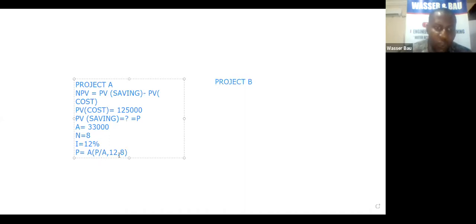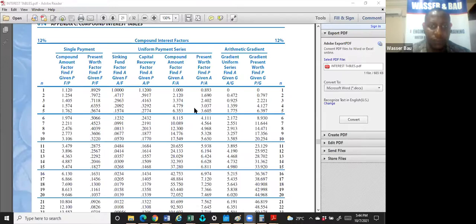So P over A 12, 8 will go to our interest table. Our interest table of 12%. Look at it, under 8 years. So this is 12%, 8 years, or 8 payment terms. If it is monthly, this becomes 8 months. Take note.